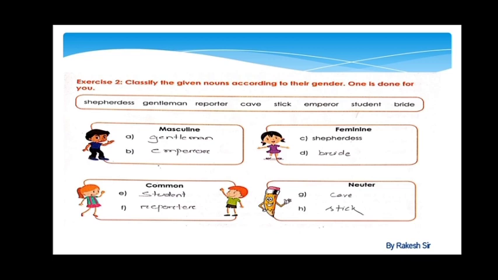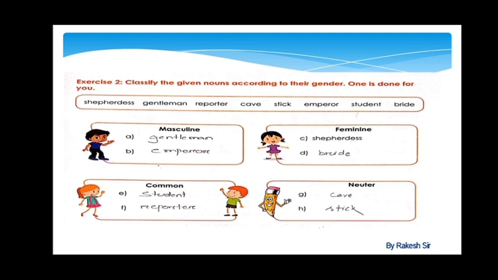Groom is the opposite, that means masculine gender. Now come to common. Student may be boy or girl, so you can write common gender. Reporter may be a male reporter or a female reporter, so you can write common gender. Now neuter: calf, stick, non-living things, you can put in neuter gender.